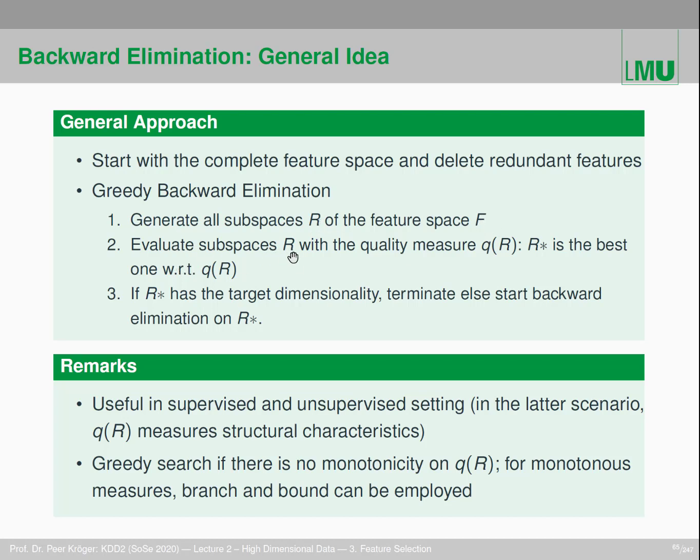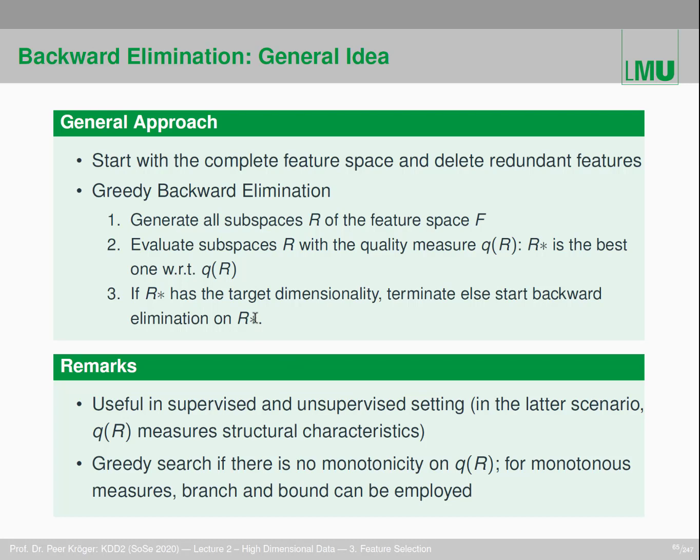Then you evaluate all those with a quality measure, and let r star be the best one with respect to this quality measure. Then if you already have your target dimensionality, you keep it. Otherwise, you start again over with step 1 on r star, of course.